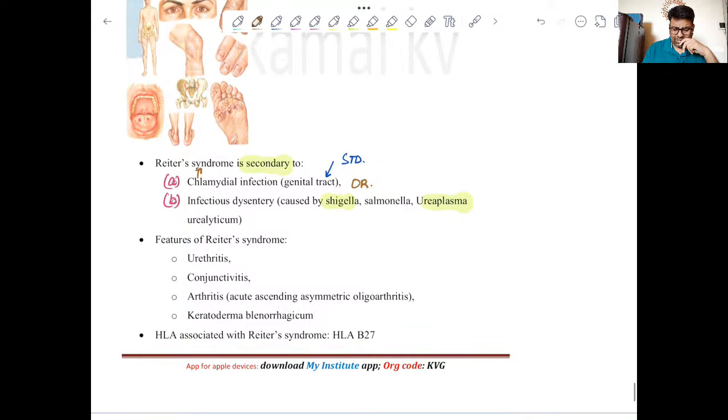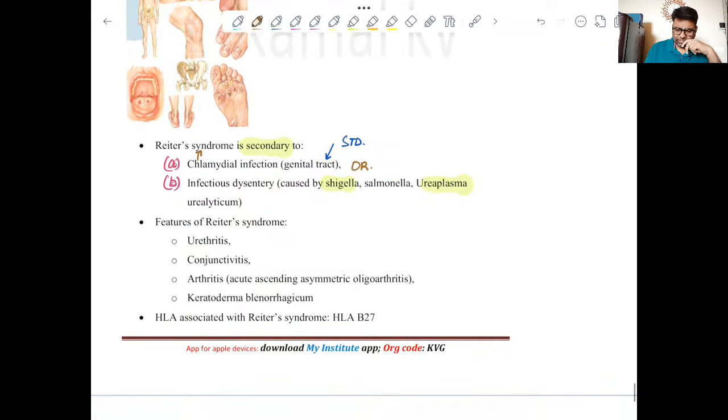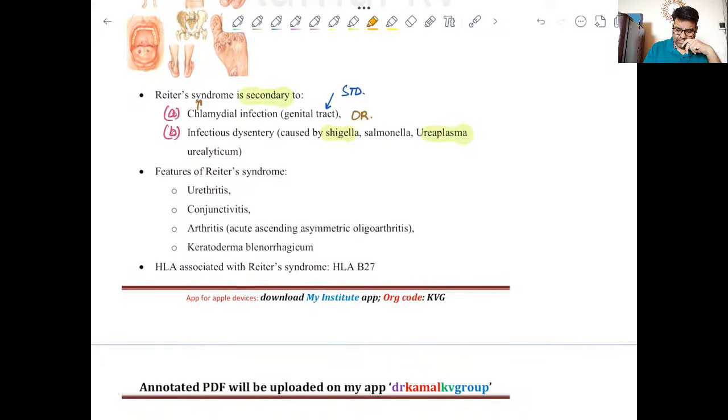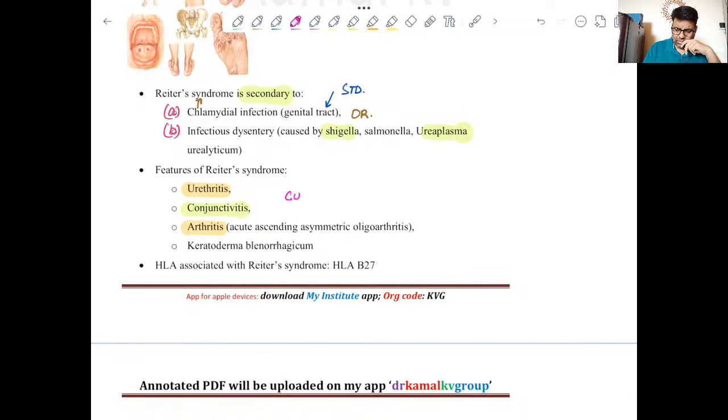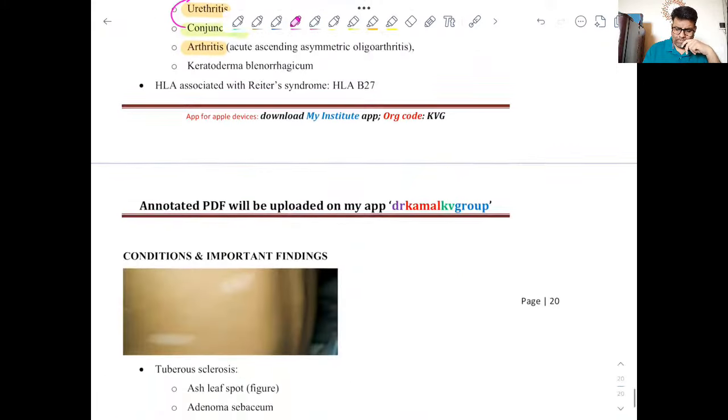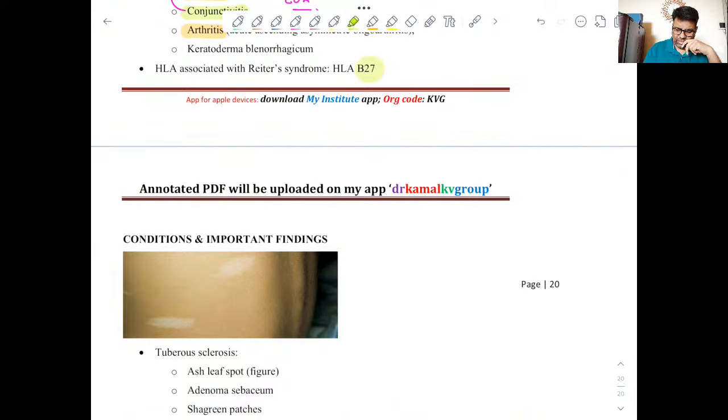Now the features can be remembered: there is urethral involvement, so urethritis, there is conjunctival redness, so conjunctivitis, and there is involvement of joints, so that is arthritis, right? You can remember the mnemonic CUA. So this is Reiter's syndrome. It is associated with HLA B27.